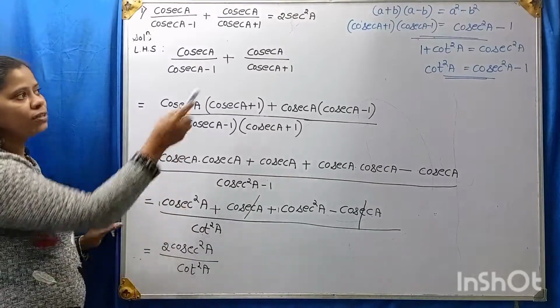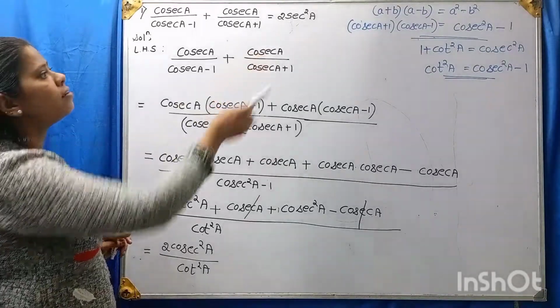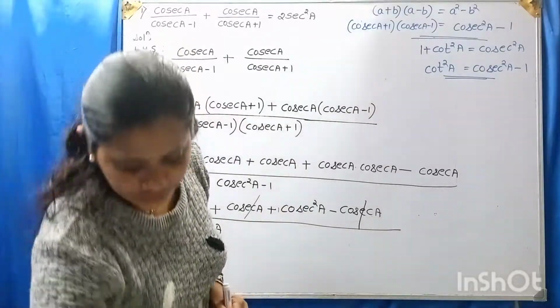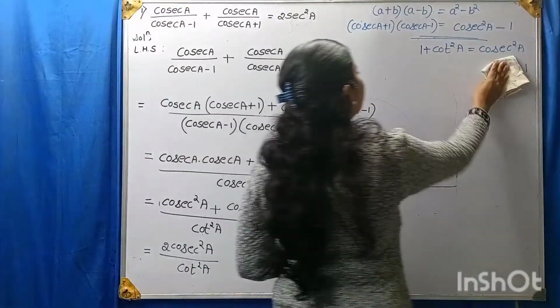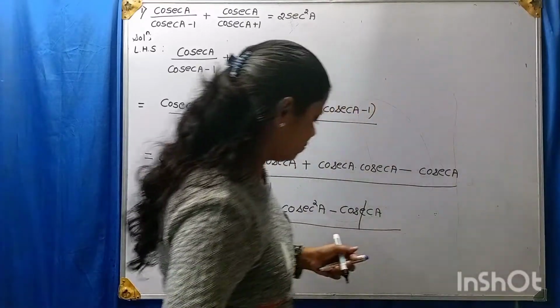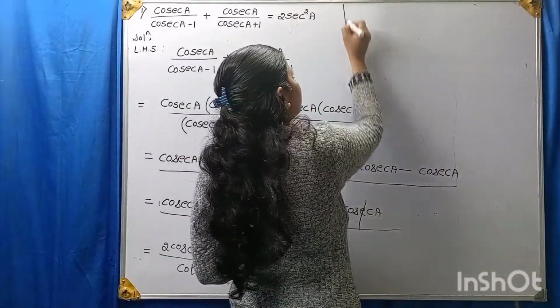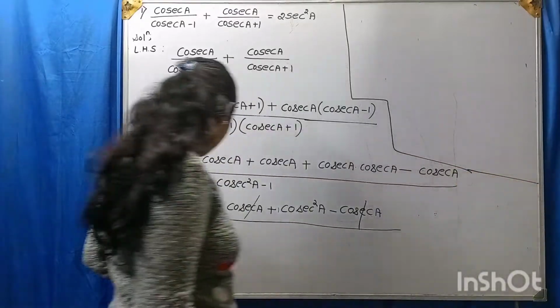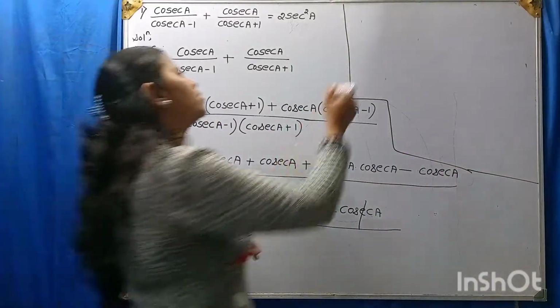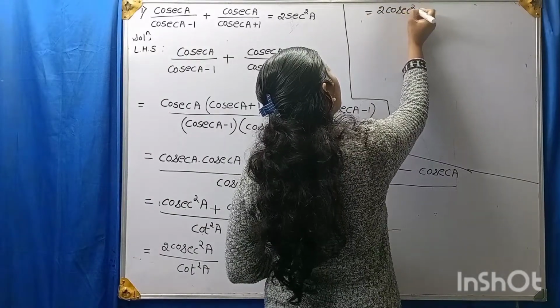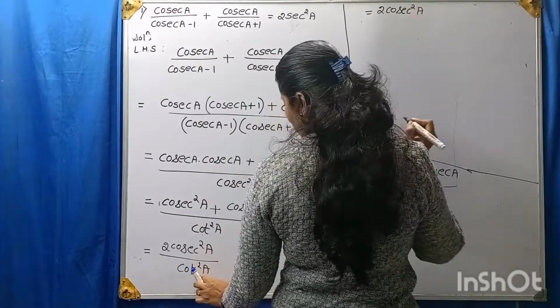Now let me continue on that side. Now this 2 cosecant square A divided by cot square A.